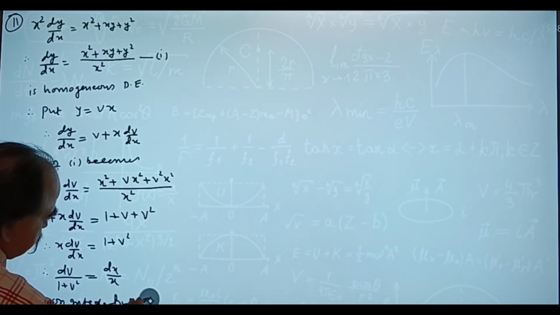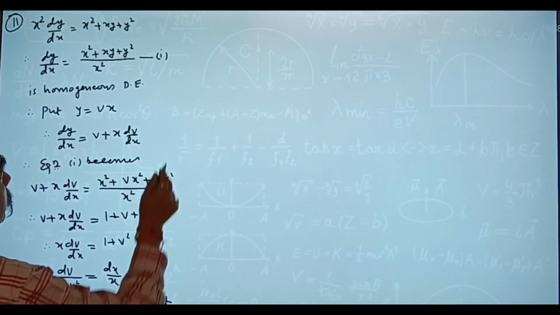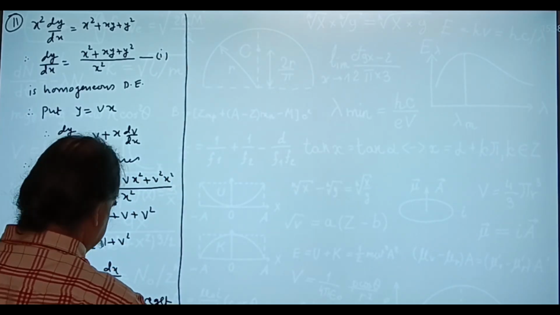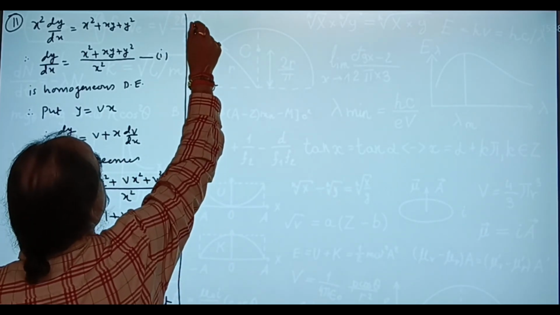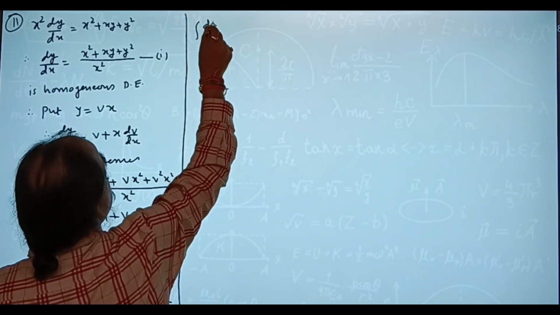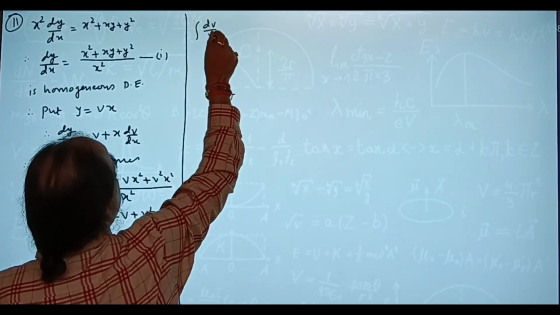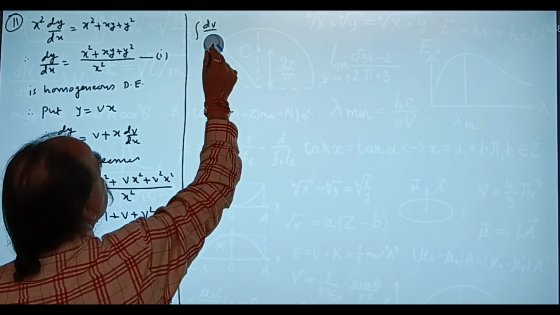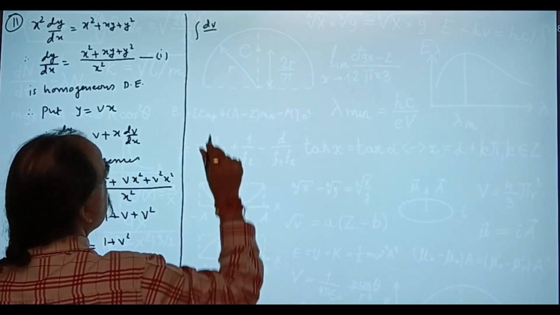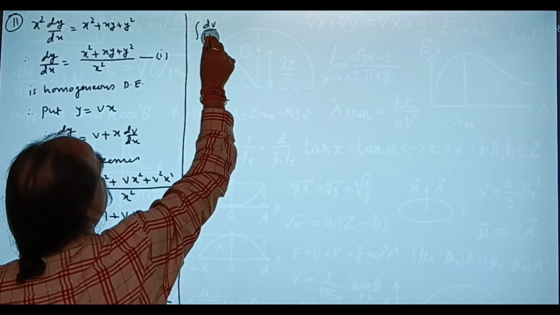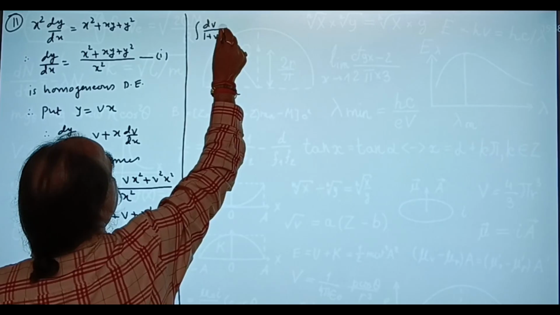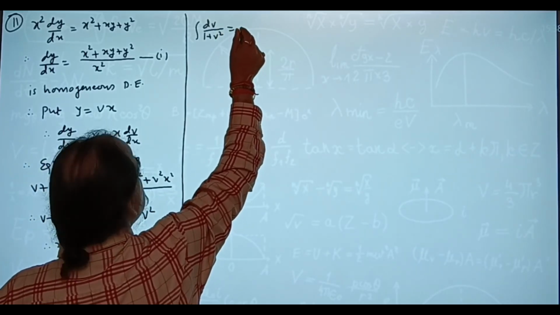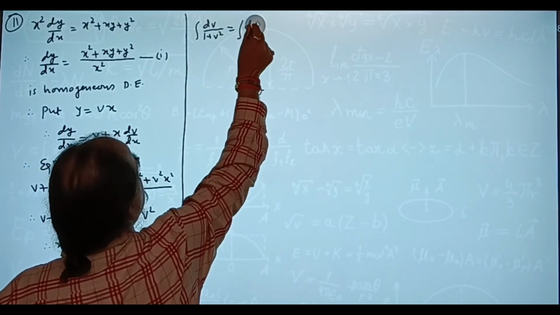So dv upon 1 plus v square, on integrating we get integral dv upon 1 plus v square is equal to integral dx upon x plus c.